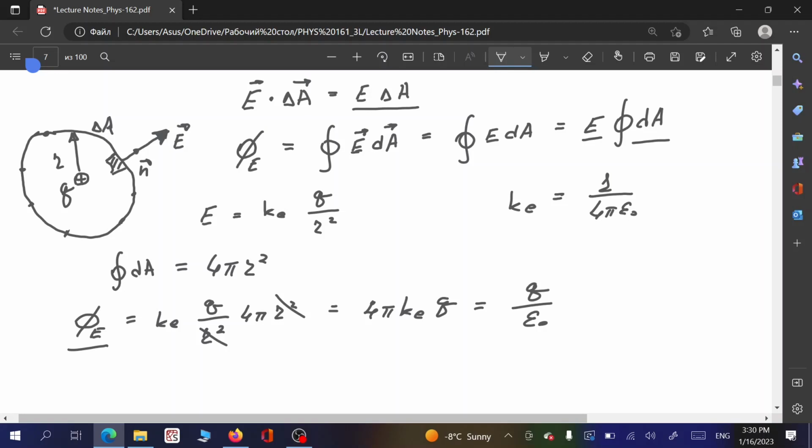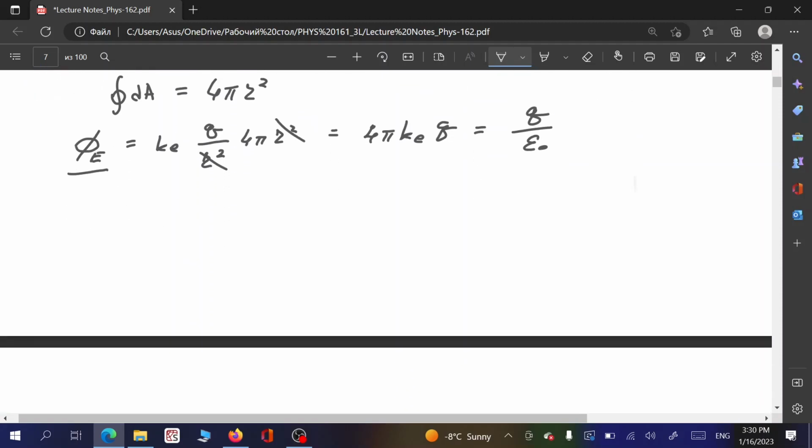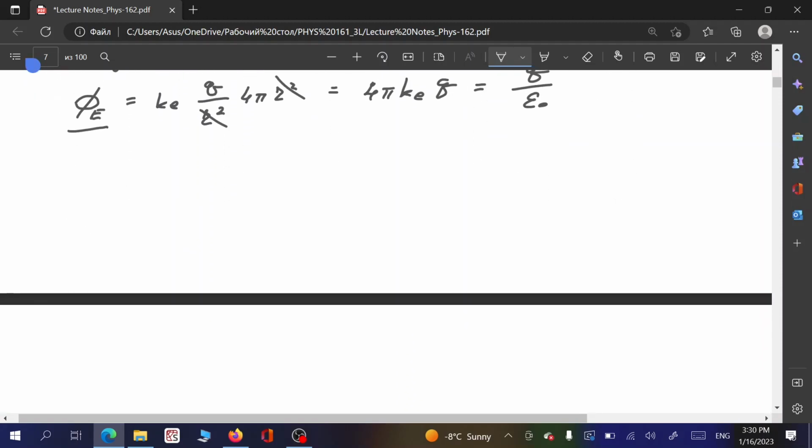So now we make one more step and consider that we have positive charge, and let's say we have some sphere, and then we have some arbitrary shape, three-dimensional closed surface around this system.